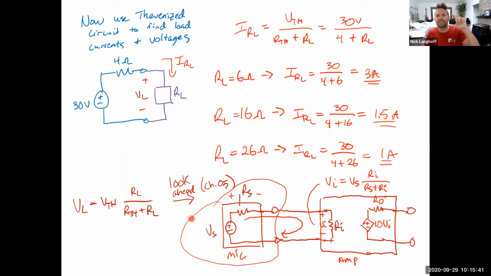So being able to Thevenize all the complexity inside of some component, let's say a microphone in this example, down to a single voltage source in series with a single Thevenin resistance allows us to very easily look at the interconnection of those circuits and see how they behave when connected to one another, right? That's my case in point of why Thevenizing circuits is so important.